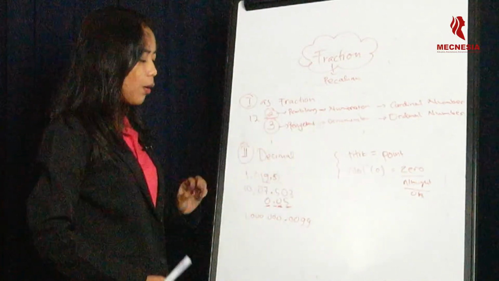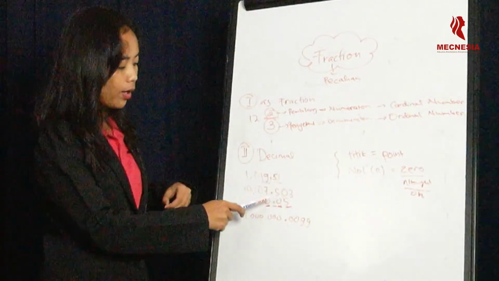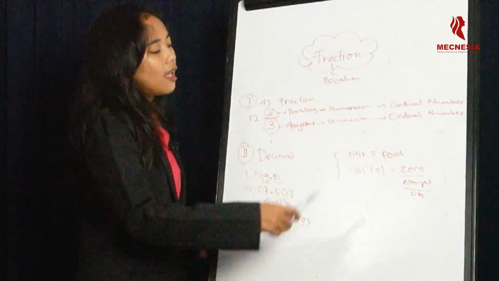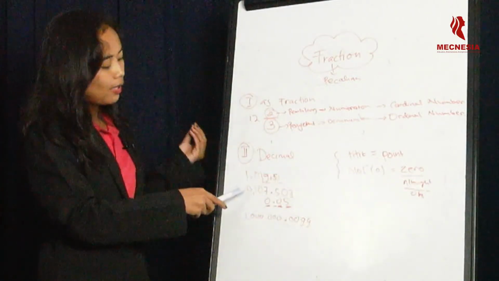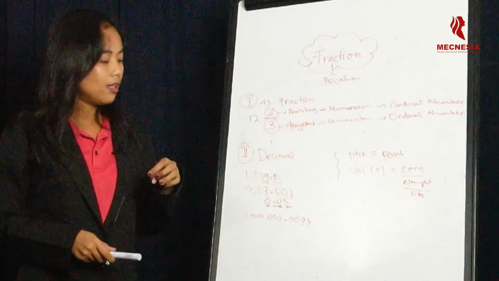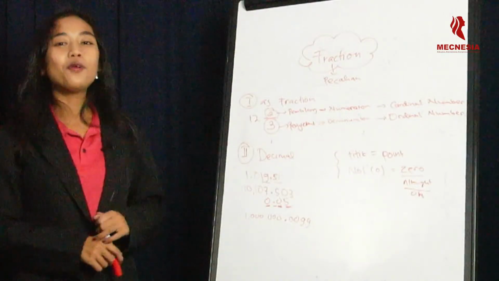Let's read it with 0. 10,107.503. Next, let's read it with NUD. 10,107.5 NUD 3. Well, that's for fraction.